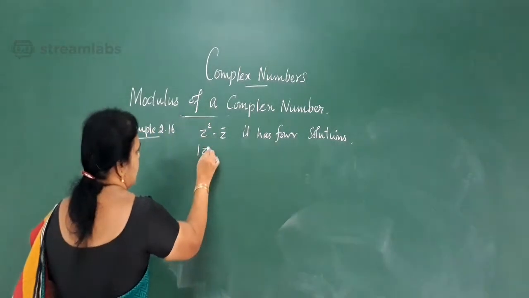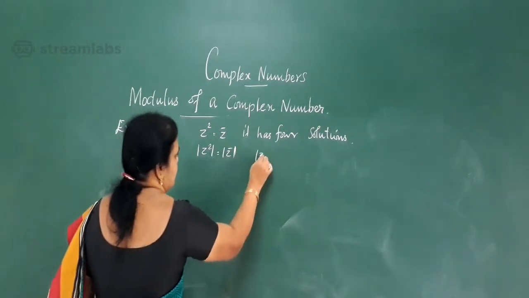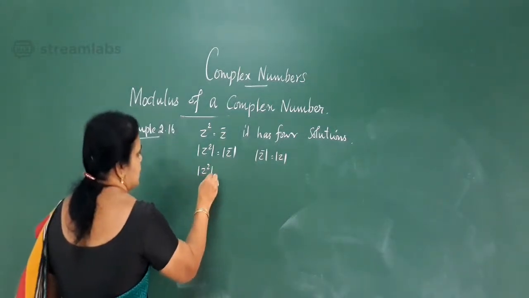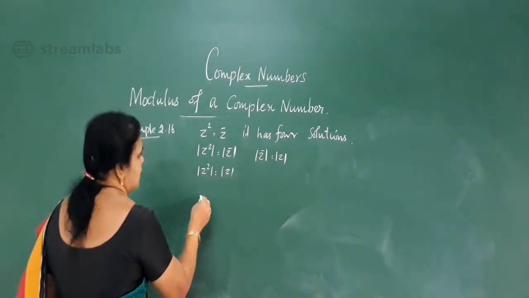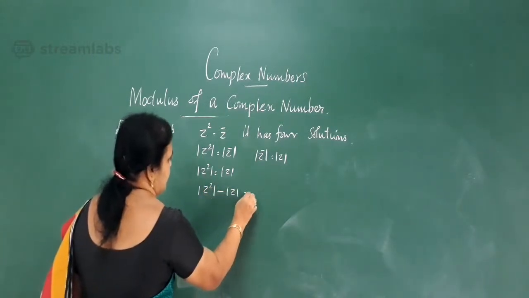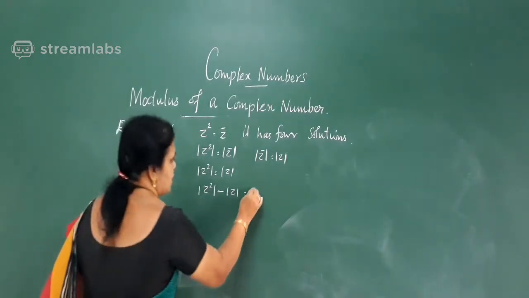See, just take modulus on both sides. Here I am going to use this property: modulus z square is equal to modulus z. You bring this modulus z to this side, so that sign will be changed, equal to 0.